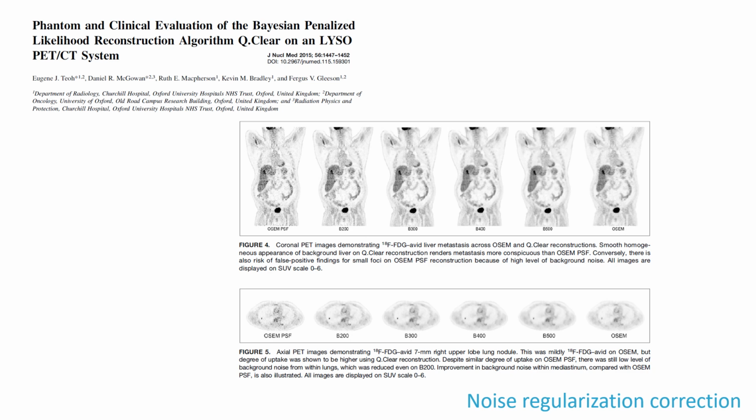In coronal views, the change in image quality is clear, for example, for uniformity in the liver, while in the corresponding axial views, the improvement in small lesion definition is much more evident and corresponds to a much better quantification of SUV without any change in image noise when regularization is applied.